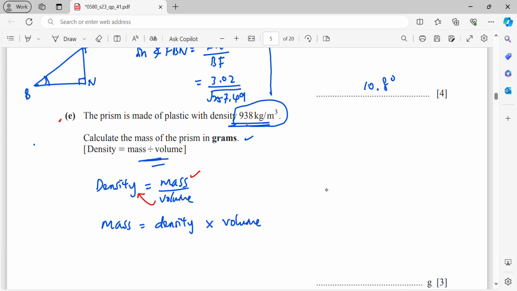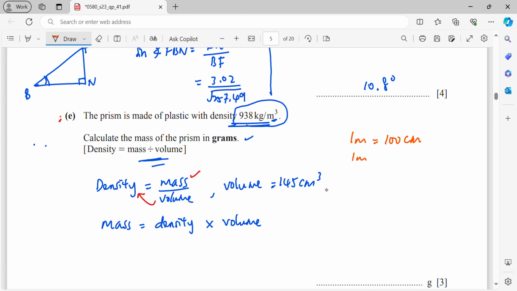So your volume it is 145 centimeter cube, and now this is meter cube. Okay, so now 1 meter, we know that it is, okay, I show you separately. 1 meter equals to 100 centimeter, right?